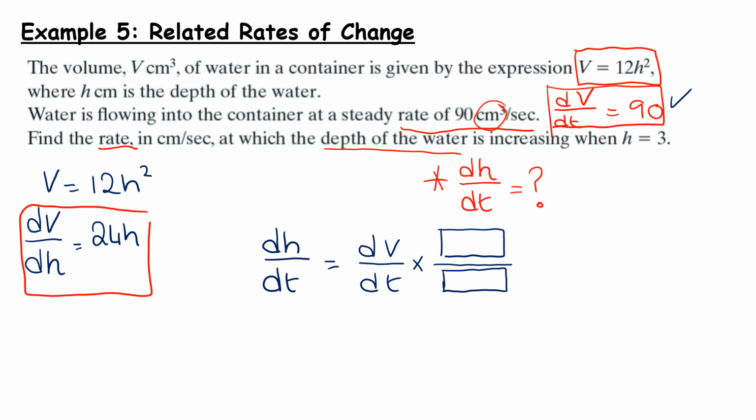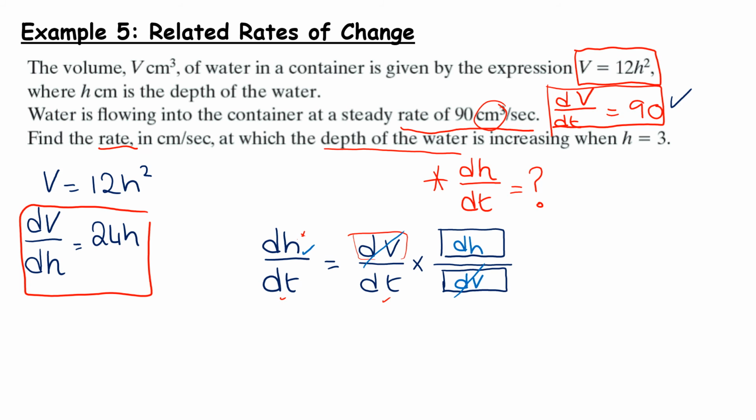So I have a dV up here, but I don't really want a dV, because I actually want a dH. So to cancel that, I'll want a dV down the bottom, because then they'll cancel, lovely. And then on the top, I'll want a dH. So I want dH dV.